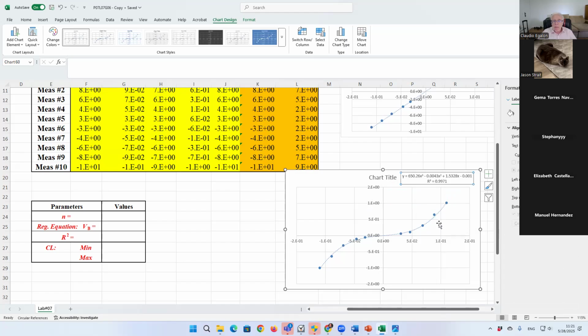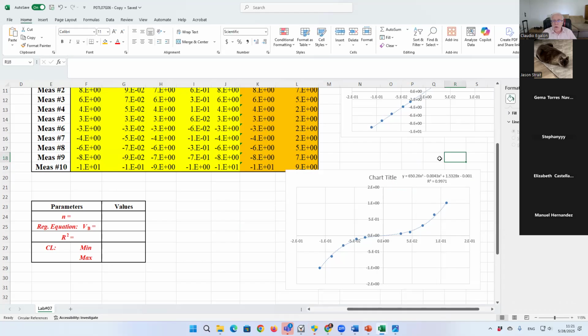See here, Microsoft Excel is smart enough to calculate this equation. It's not easy to calculate this equation. It's much easier to do the first order, the linear regression, but the third order regression is more difficult, and so are other types of fitting curves.